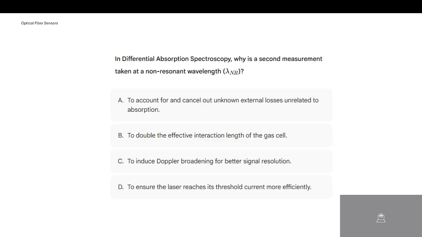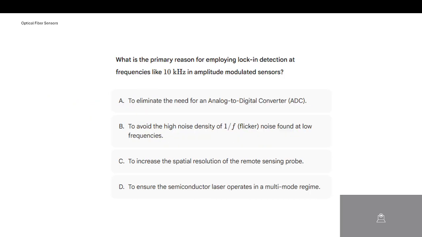So the first option here is, to account for and cancel out unknown external losses unrelated to absorption. That is the correct answer. We have discussed the intensity at lambda r resonant divided by the intensity at lambda nr, which can be understood easily.